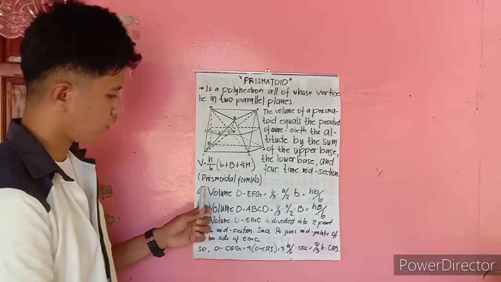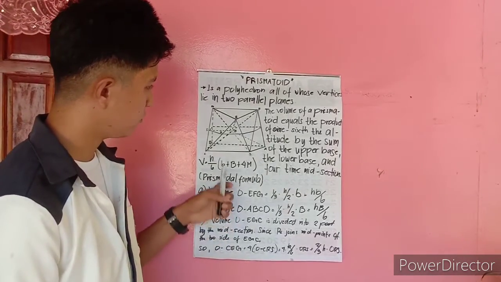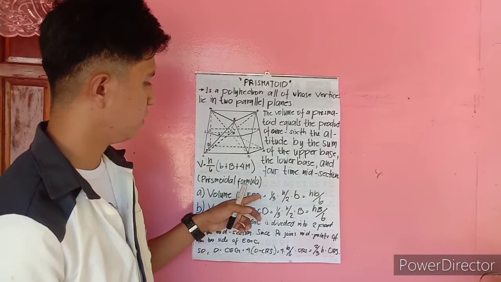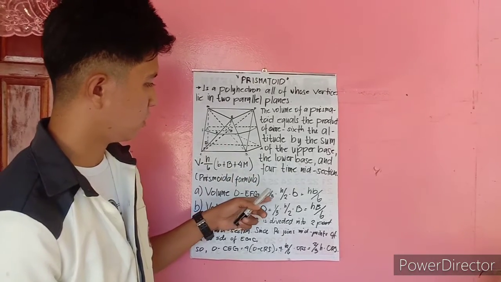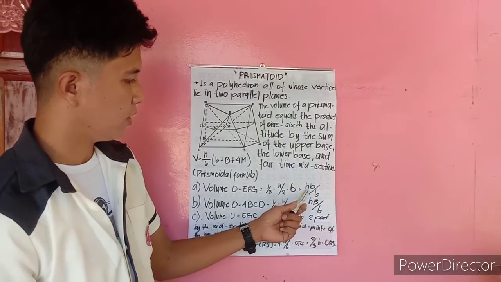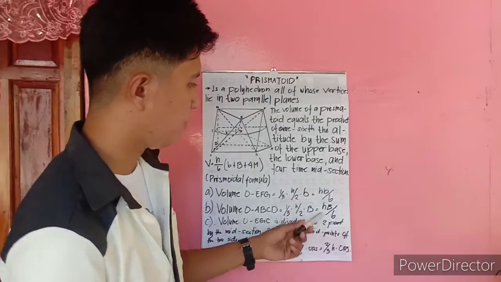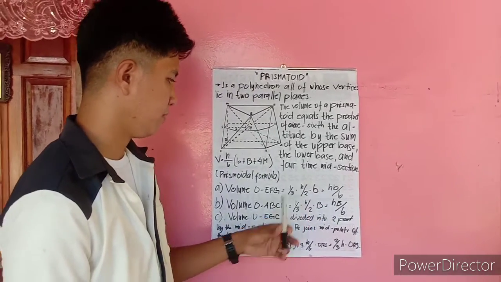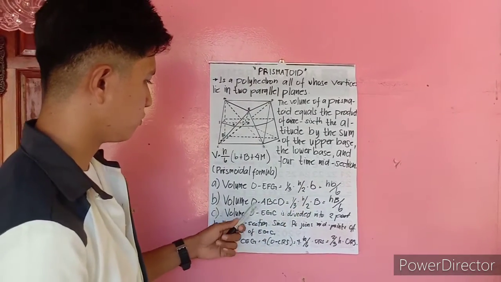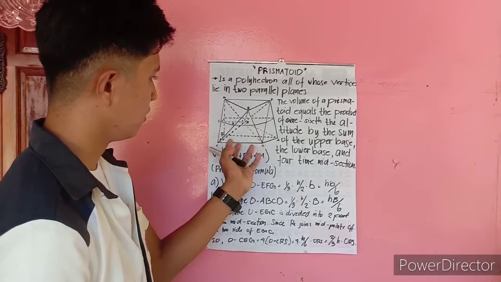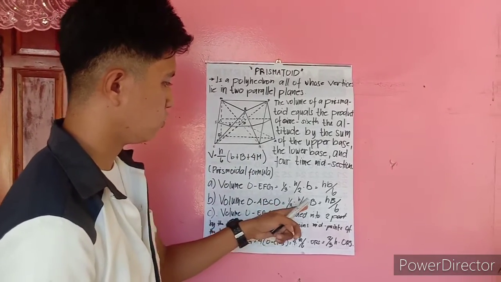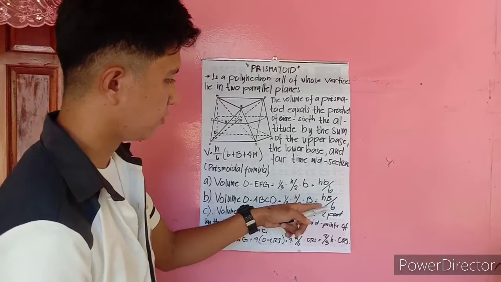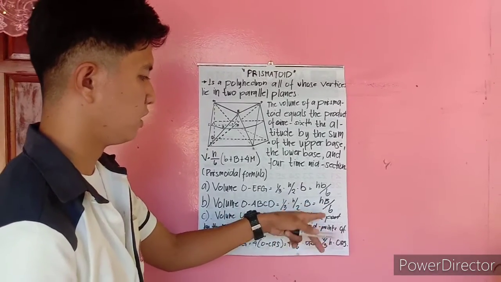For the volume of OEFG, the formula is height times upper base over 6. Then the volume of OEBC, the lower base, equals height times capital B over 6.